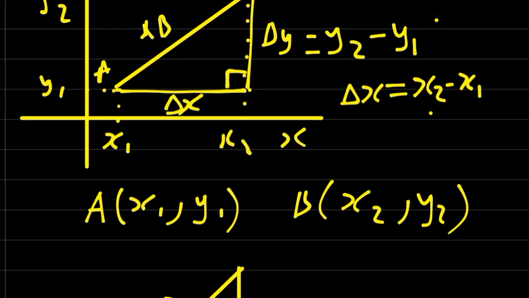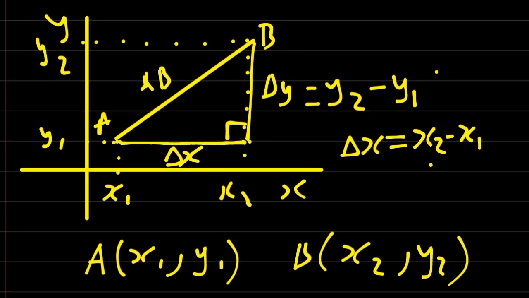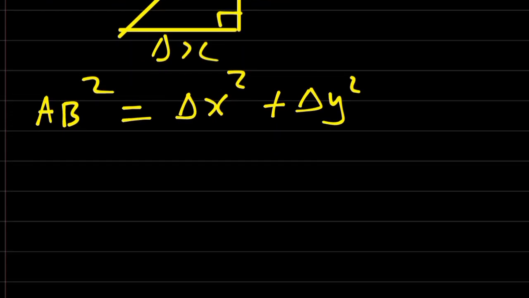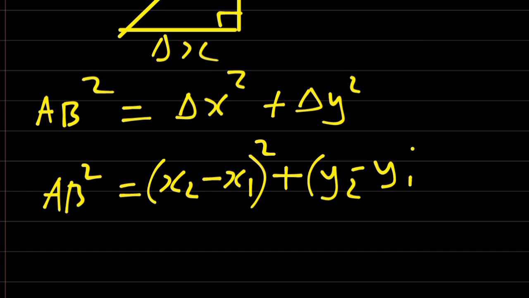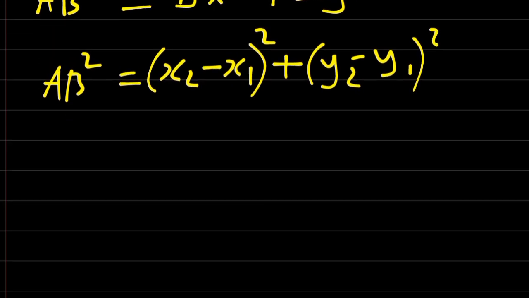That is, change in x is equal to x2 minus x1, while change in y is equal to y2 minus y1. Therefore, we have AB squared is equal to x2 minus x1 squared plus y2 minus y1 all squared. So we can find the square root of both sides.